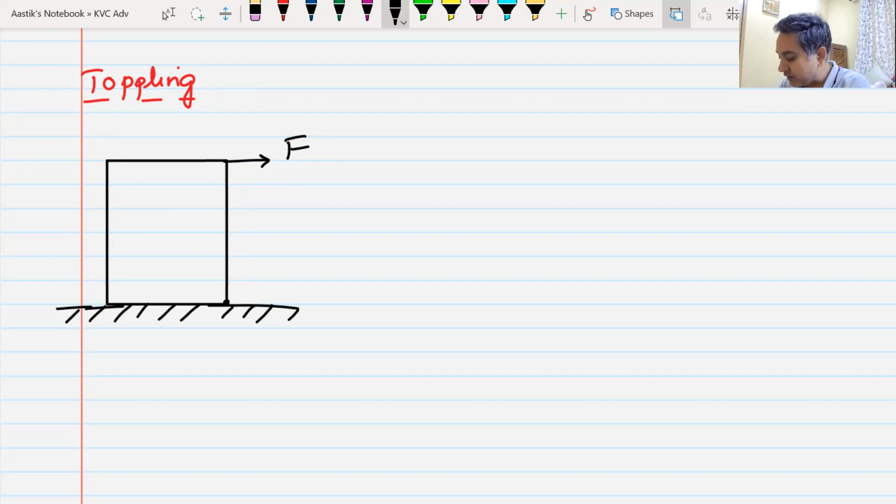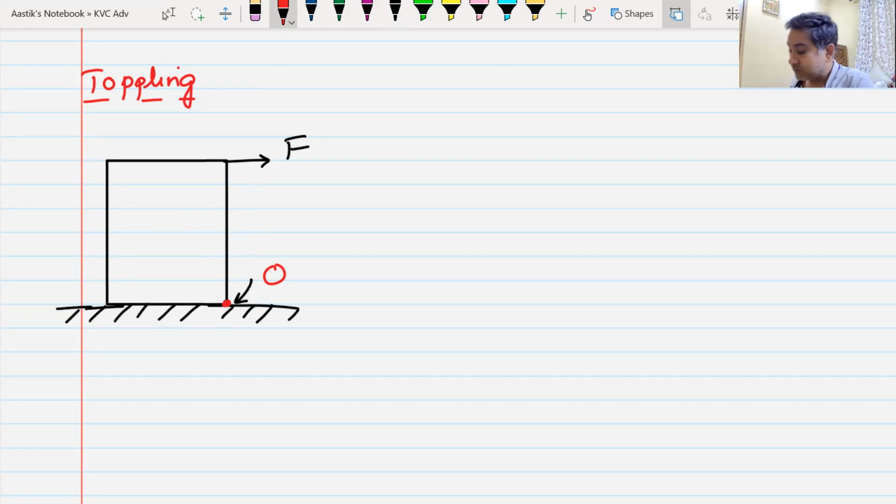It will start to rotate about this point and go like this. This condition is known as toppling. The box will rotate about this point. If you apply a big enough force, it will fall down. That is known as toppling.